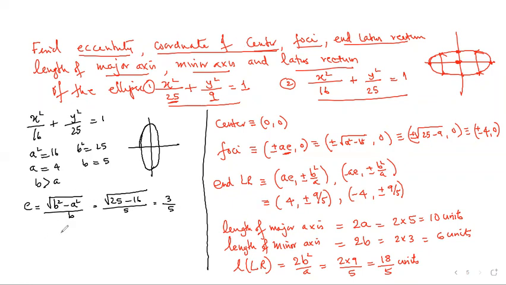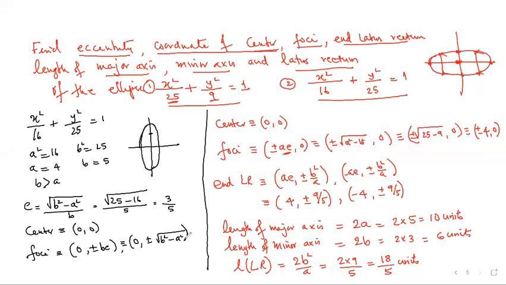Then comes the coordinate of center. Center, no change. Center will be 0, 0. Then the coordinate of foci. Now the foci is on the y-axis. 0, plus or minus b. Again, this is the same as 0, plus or minus root b square minus a square.